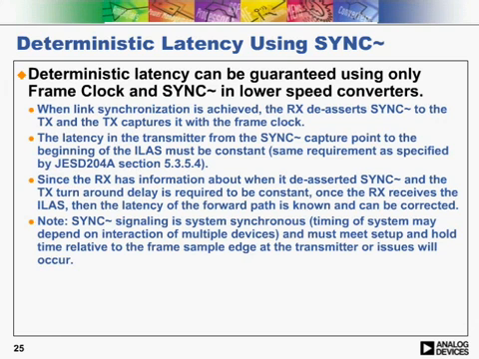And with the latency known, as well as the receiver knowing when it deasserted sync bar, the latency of the forward path is known and can be corrected. It is important to note that sync bar signaling is system synchronous, and it must meet setup and hold times relative to the frame sample edge at the transmitter. If not, there can be issues with the link.